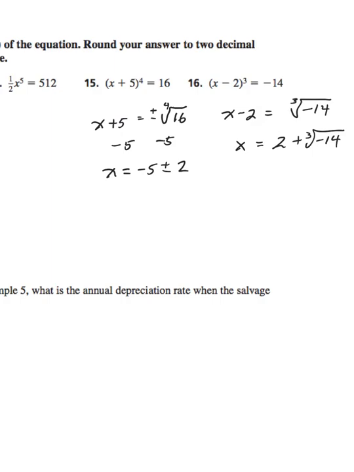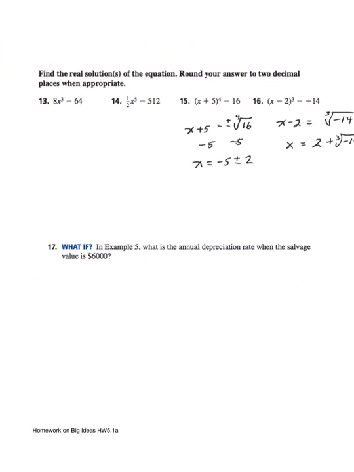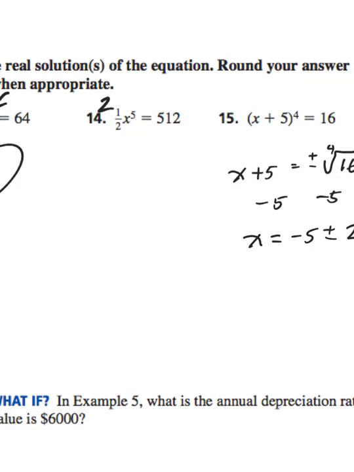Did anyone do number 13 and 14 yet? 13 is 2, or plus or minus 2, or just 2? It's just 2, because it's a cube root. And did anyone find the fifth root of 1024? You multiply both sides by 2 for 14, and you get x to the fifth equals 1024.